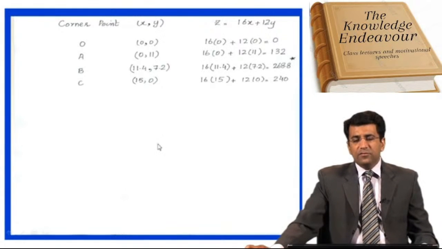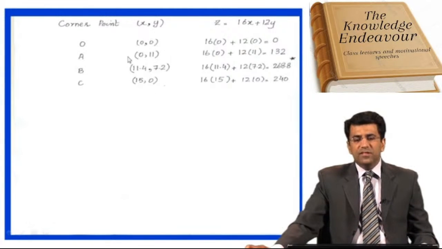Now again we'll have to make this table of the different alternatives. Again these are the different corner points, that is the point O, origin point, point A, B and C. These are the relevant x and y coordinates for these corner points, that is 0, 0; 0, 11; 11.4, 7.2; 15 and 0.